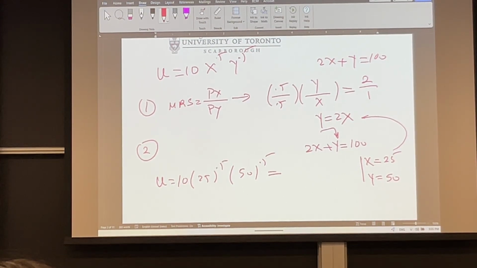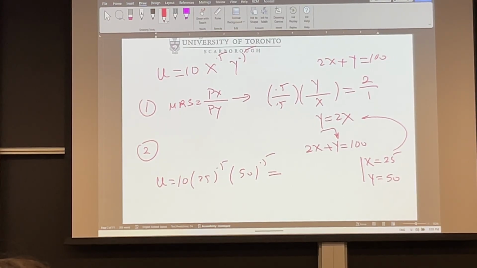Mathematically impossible to do any better. What's the level of satisfaction he gets? Round it. 353. Okay. That is the satisfaction he gets.